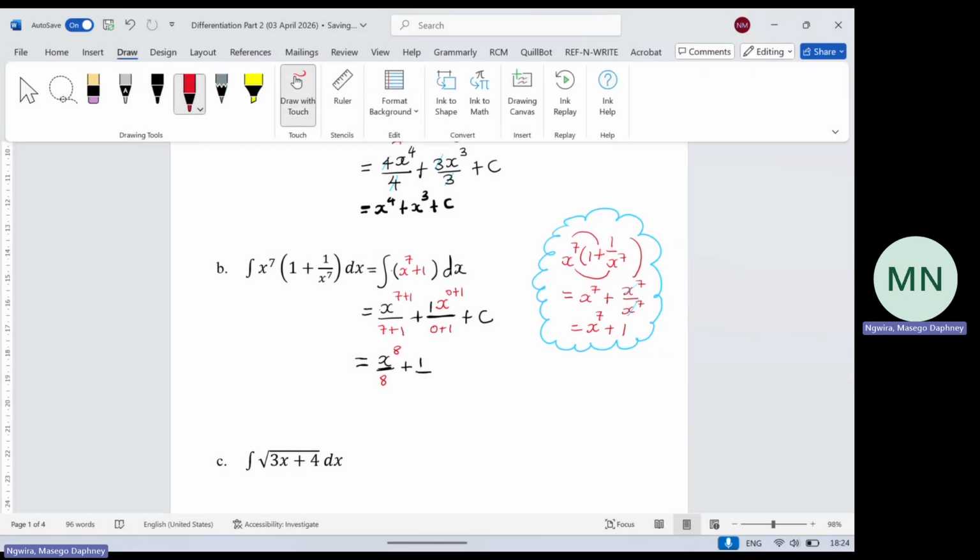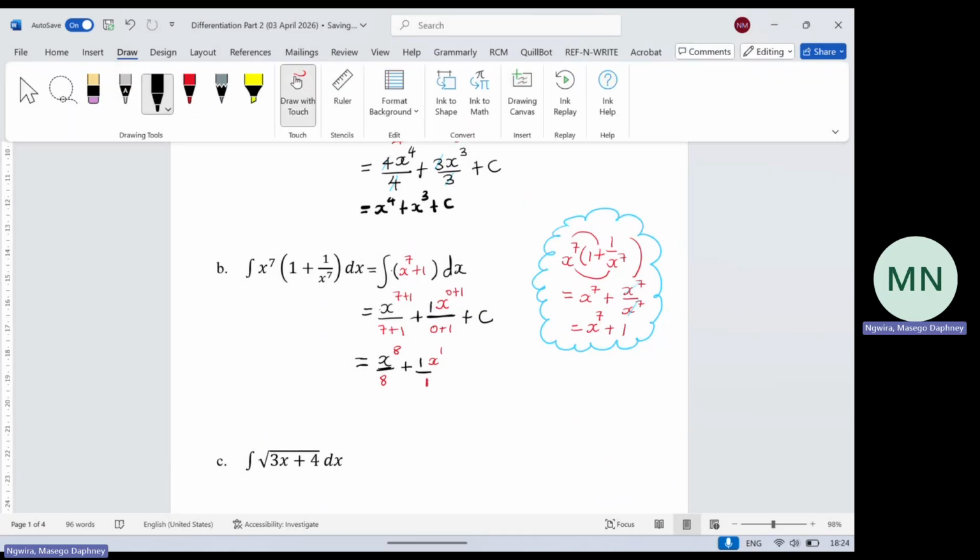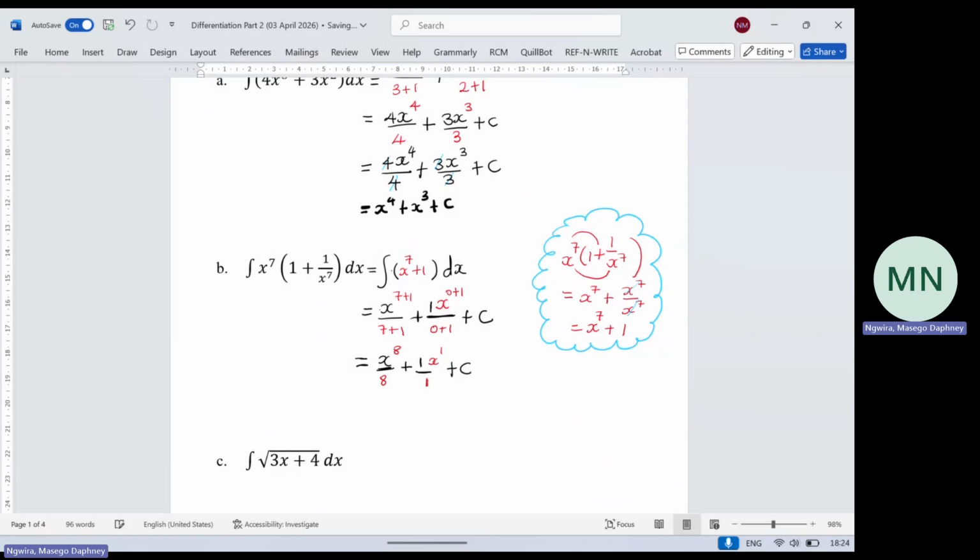So we are going to have x to the power of 1, then over 1. And then don't forget the plus c. So I'm going to rewrite this: x to the power of 8 over 8, then plus 1 over 1 is just 1. So this is just x to the power of 1, then plus c.